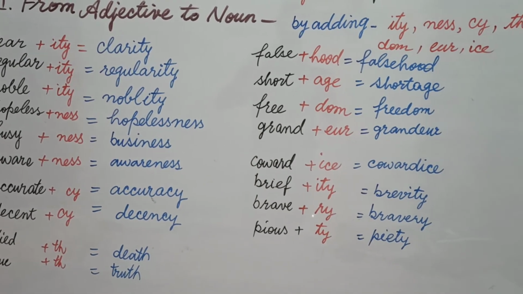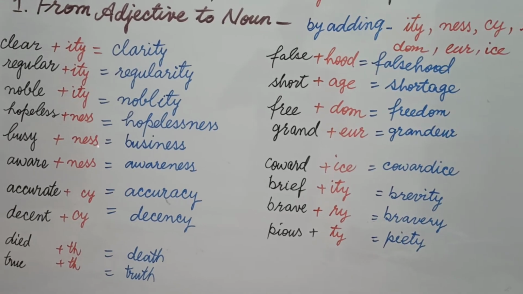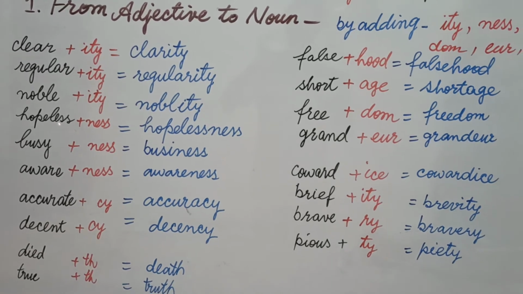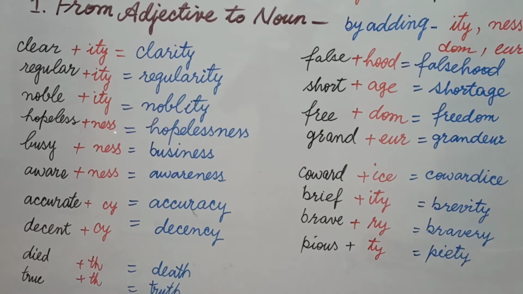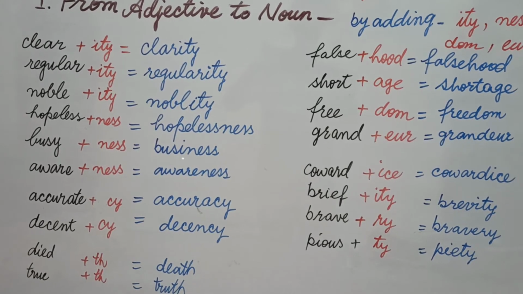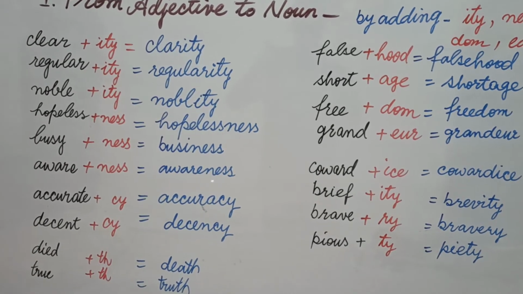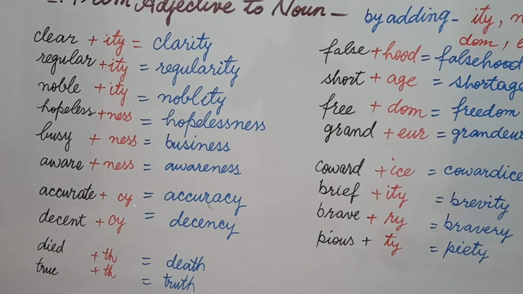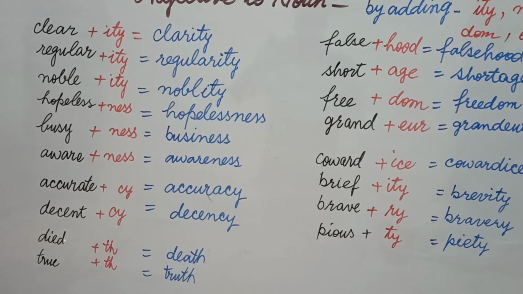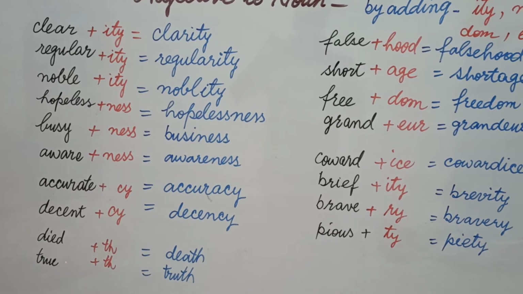Suppose we use ty here, I use ity there. According to the word, we change it. Now, hopeless plus ness, hopelessness. Busy is an adjective, busyness. Aware, awareness. Accurate, accuracy. Decent, decency. Die, death. True, truth.